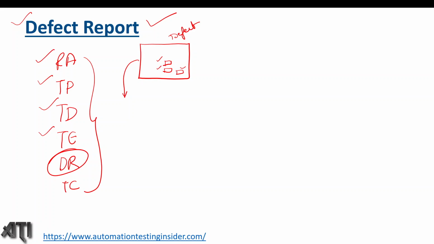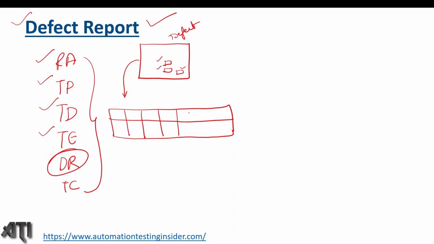There are two ways we report to the development team. The first way is that some companies use an Excel sheet. There are various fields in the Excel sheet, or you can say in the defect report template. These are the different fields available in the defect report template, which give the details about the defect when we raise a defect.